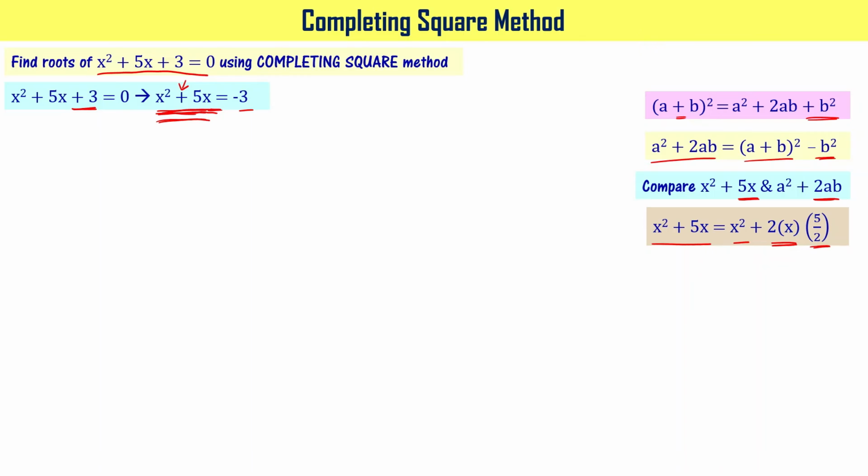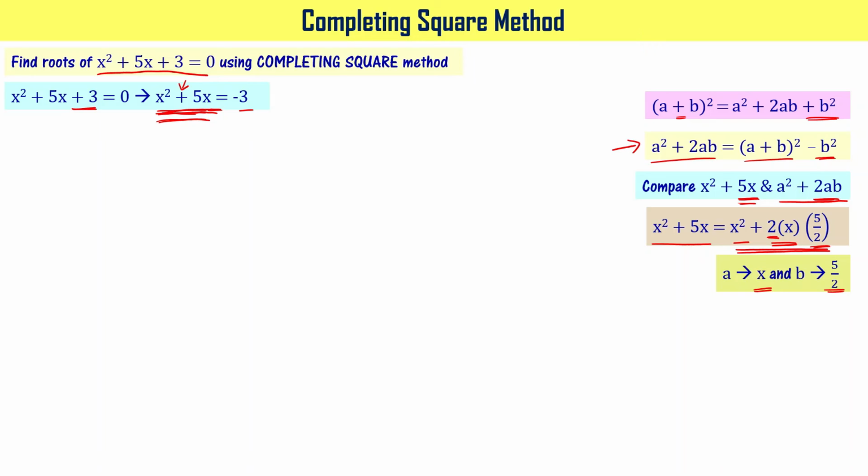I have multiplied and divided 5x by the number 2. That's how I have obtained 2 times x times 5 by 2. Now let us compare this x square plus 2 times x times 5 by 2 with a square plus 2ab. When you do that, you can say that a is equal to x and b equal to 5 by 2, right?